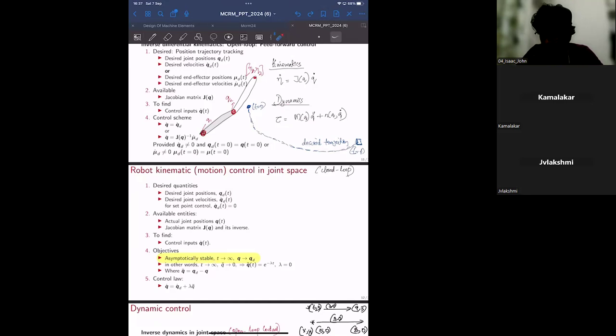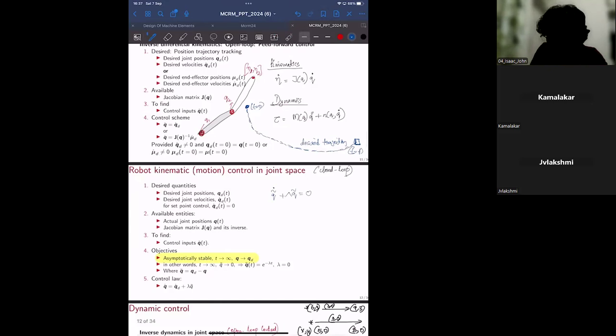So how can you ensure that? If you force your robotic system to behave as per this first order dynamics, q tilde dot plus lambda q tilde equal to 0.